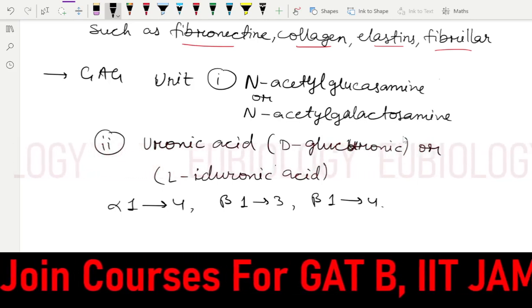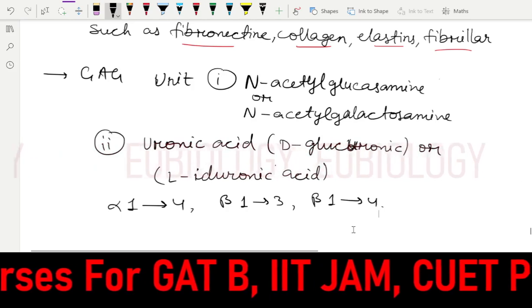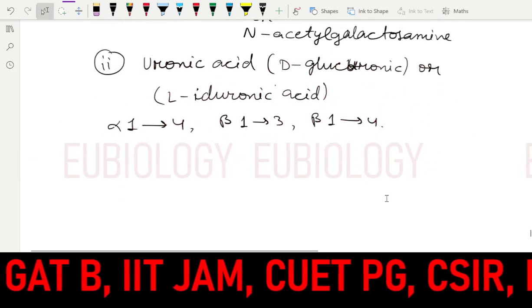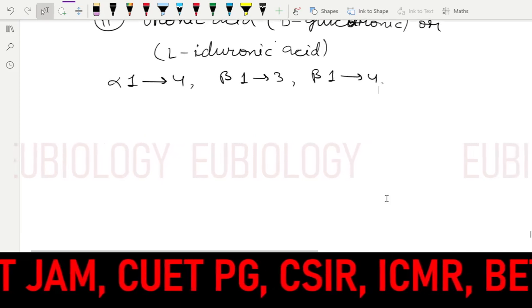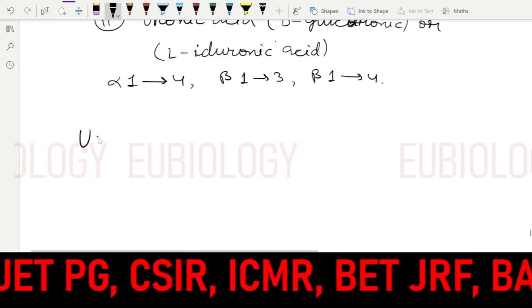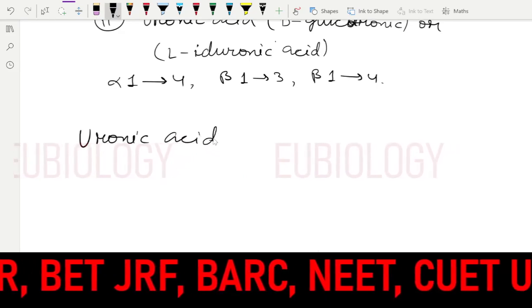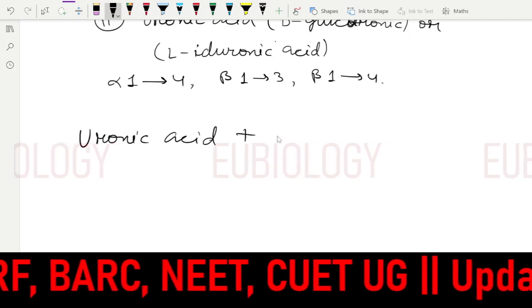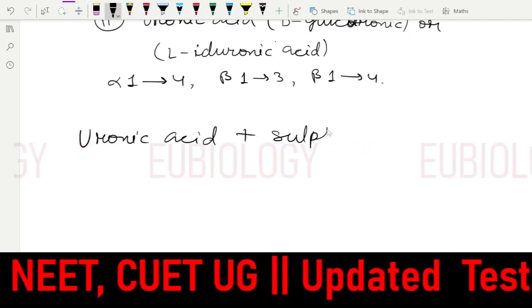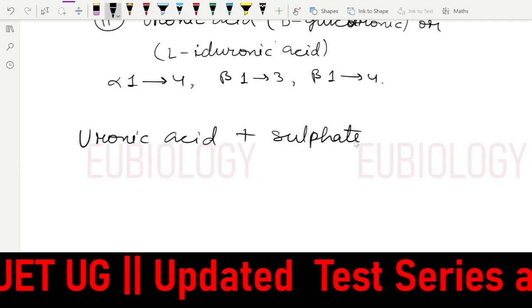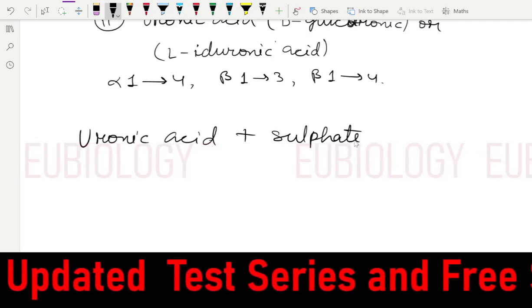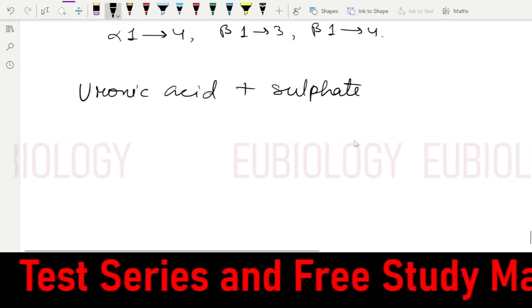Now, the GAG has a more advanced structure. Sometimes the uronic acid will bind with the sulfate. So it is binding with the sulfate, and it gives the extracellular matrix a big potential.